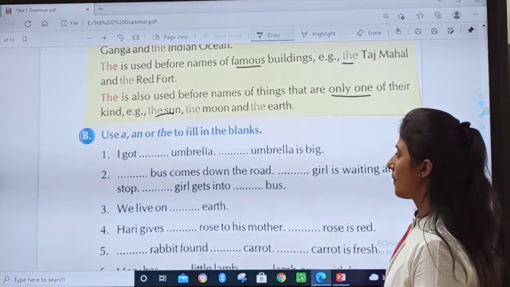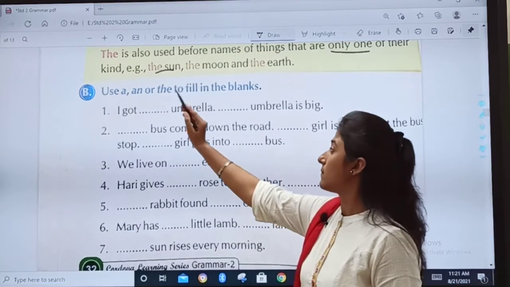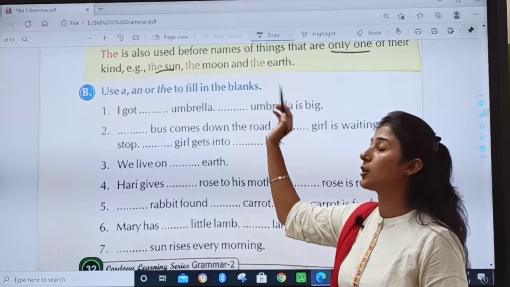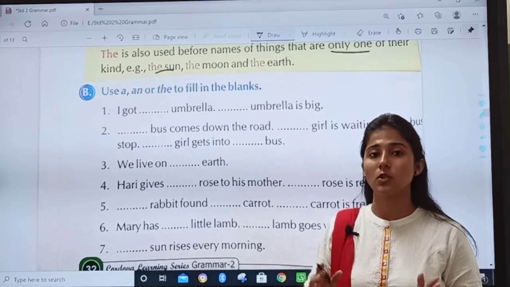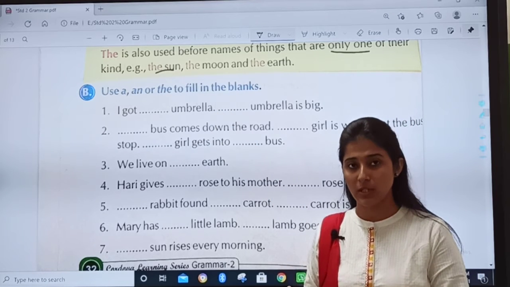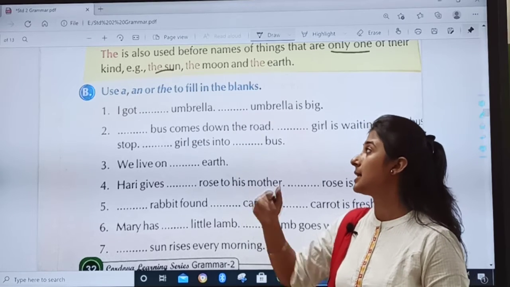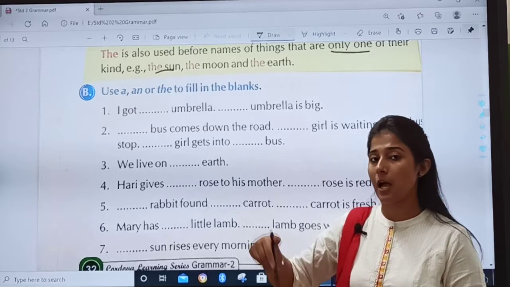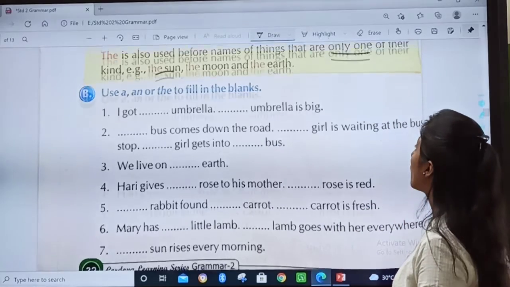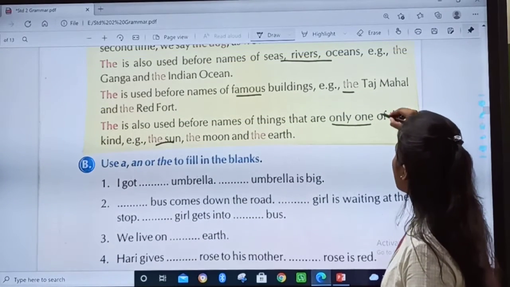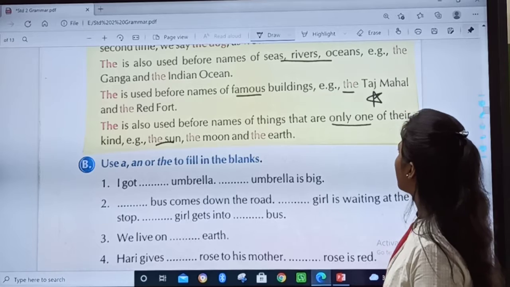Now see this exercise. Use a, an or the. Now you have understood a is used before consonant, an is used before vowel, and the is used in the cases we just read in this yellow box. This is a very important box, okay.